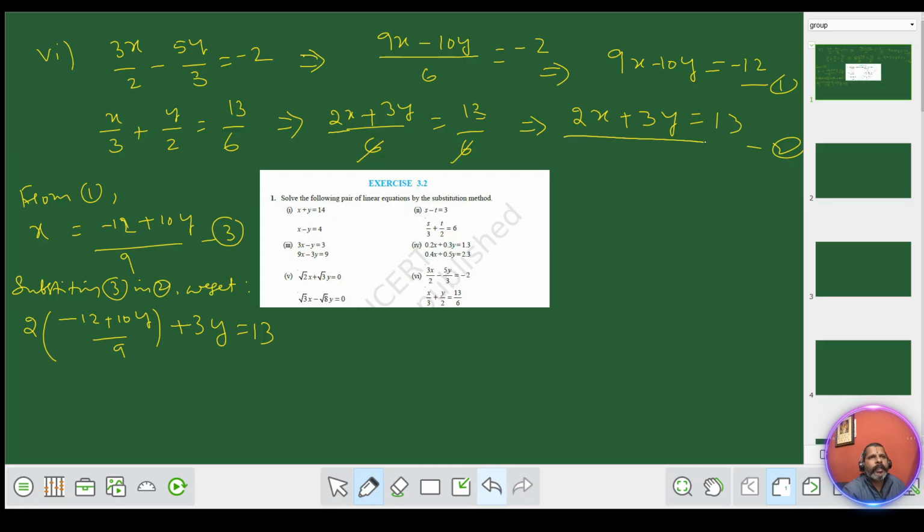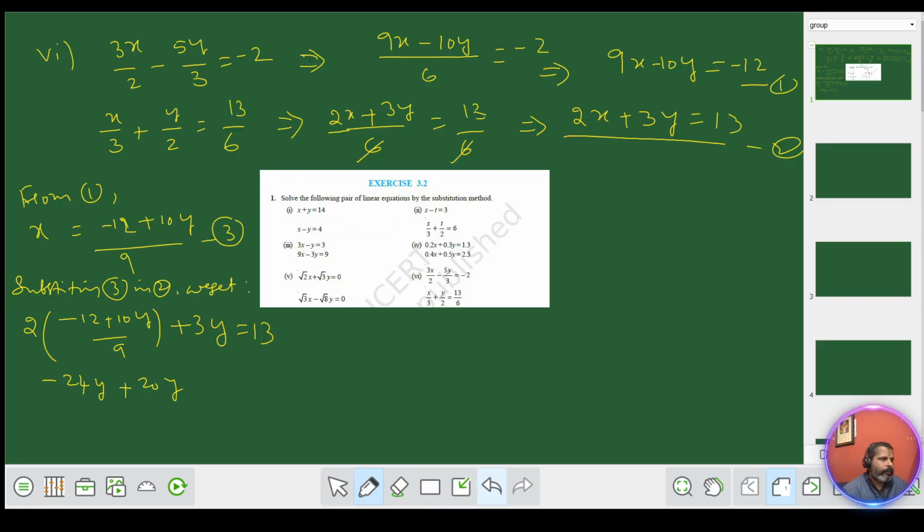See, this is the second equation. We are substituting value of x in this. Then you solve for that. Means open the bracket and solve for y. 2 into minus 12 is minus 24, plus 2 into 10 is 20y. Okay.